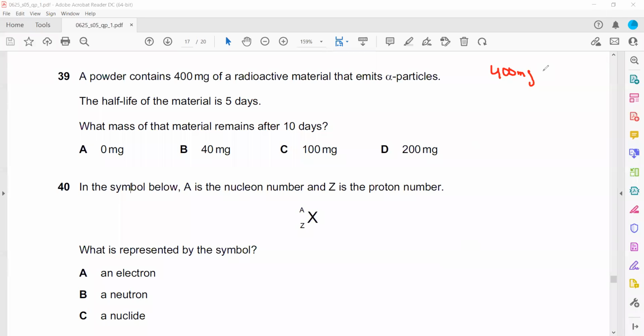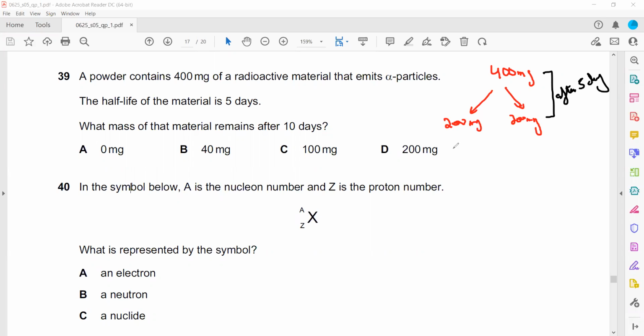So basically we want to identify how much is radioactive, and with a half-life of 5 days, after 5 days, out of 400, 200 milligram will be stable and 200 milligram will be unstable.